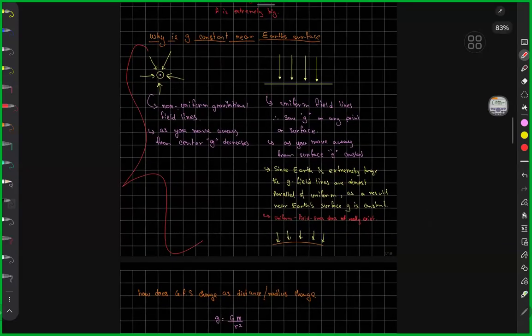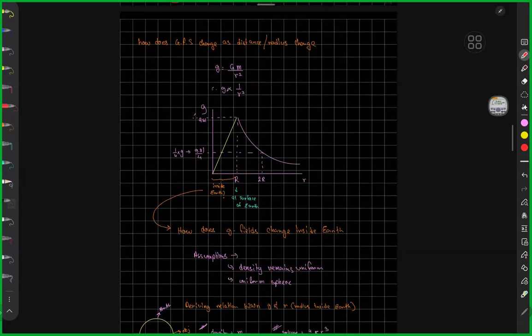If you look at this curvature image, you understand better that there is still a curvature of Earth, but very small near the surface. Hence, the field lines seem to be parallel, and our field strength near the Earth's surface seems to be the same everywhere. But as you tread away from Earth's surface, it changes. Now I want to show you how the gravitational field strength varies with distance away from a planet.